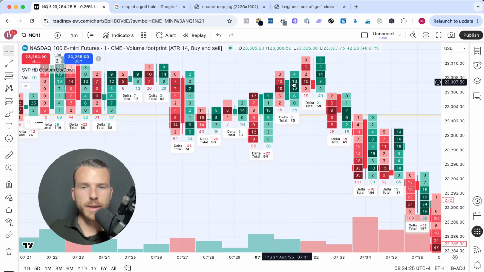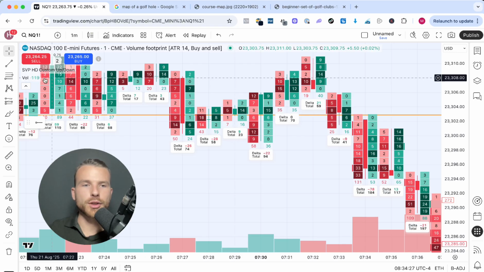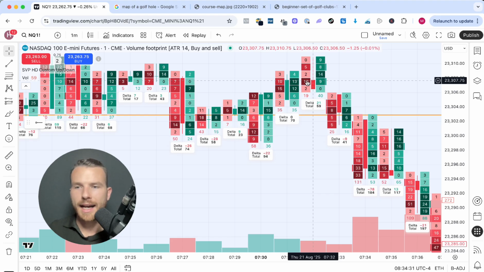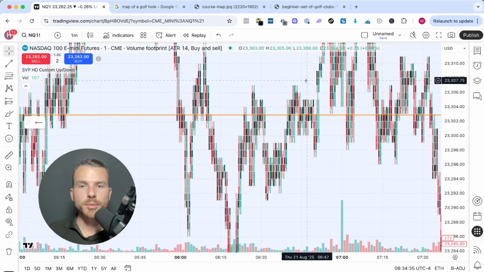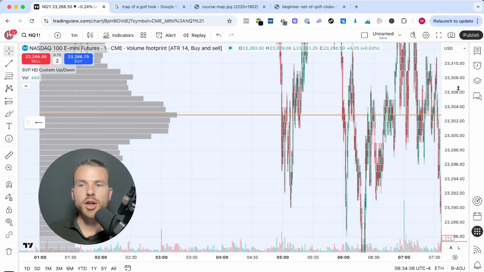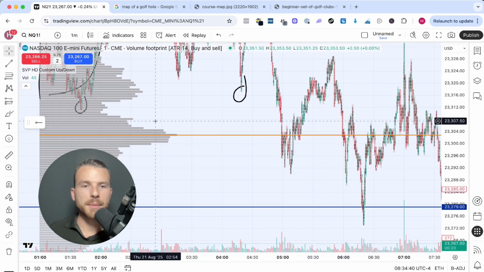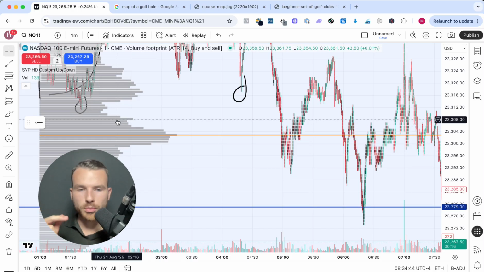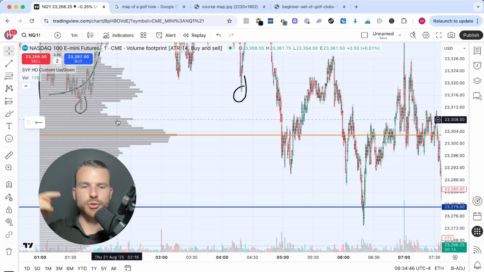In this minute, we had 23 contracts. And then you can see all these contracts that were being traded at this one specific price, 23,307.75. Now if we zoom out again, all of these contracts combined make up this volume profile on the left-hand side. Volume over price: how many contracts are being traded at a specific price level.